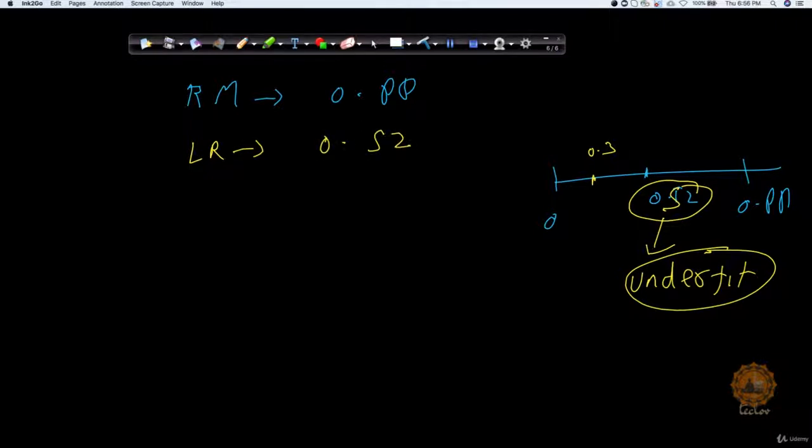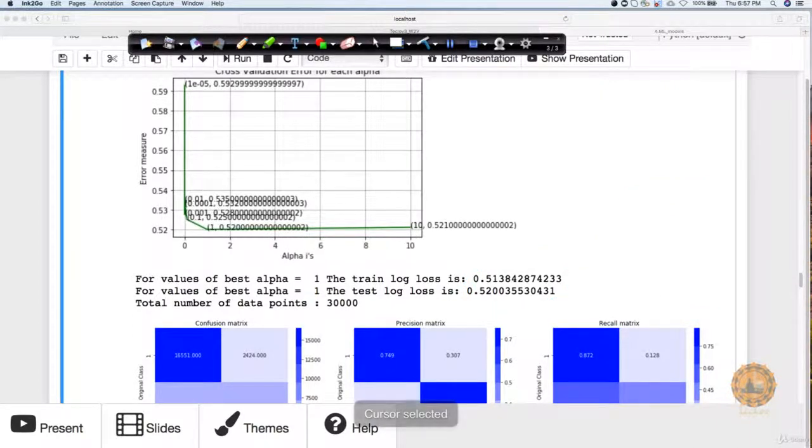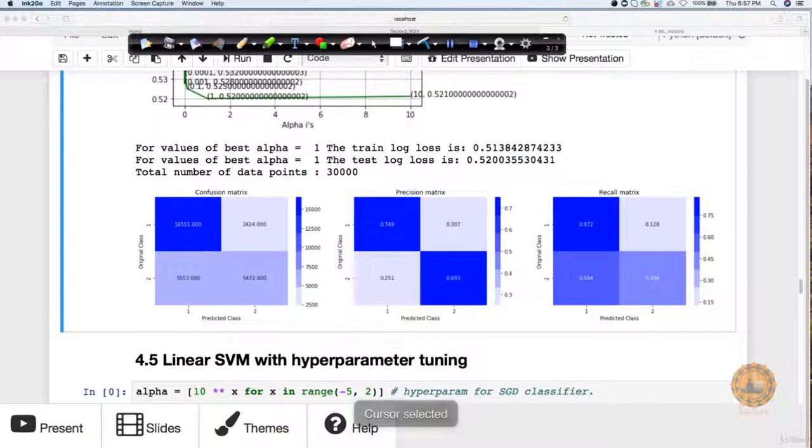Let's see if we can get a better number with SVM. But before that, I want you to notice one more interesting fact here. If you look at the precision and recall, my precision is looking okay, not a big issue. But if I look at my recall, there is a big problem. This is fine, but this is not fine.